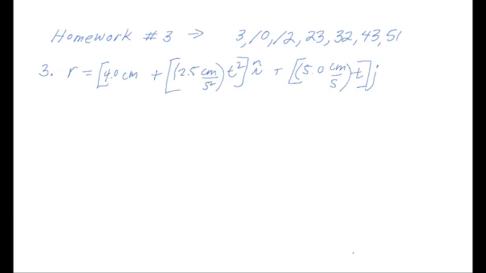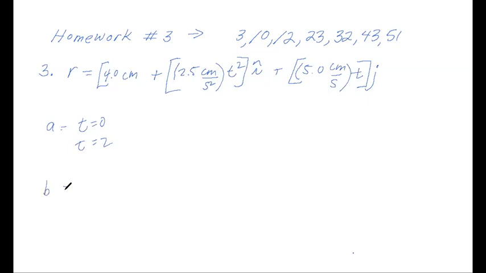And it goes, find the magnitude and direction of the dot's average velocity between t equals 0 and t equals 2. So A, we're going to find the magnitude and direction between t equals 0 and t equals 2 of the average velocity. And B, find the magnitude and direction of the instantaneous velocity at t equals 0 and t equals 1.